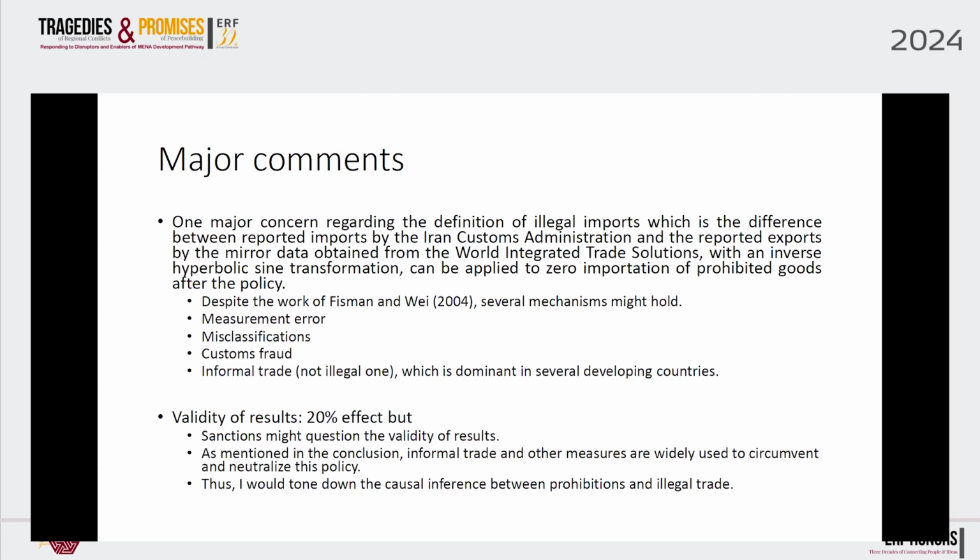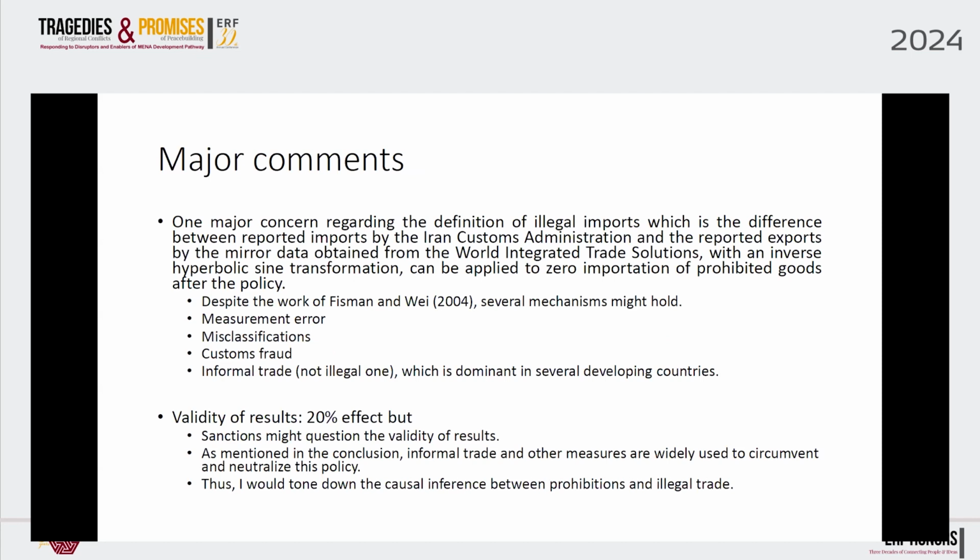So we cannot really claim that all the difference between exports and imports is illegal trade. And as you said also, misclassification, customs fraud, and in addition to all this, not only illegal trade, but also informal trade. And we know that there is a fundamental difference between informal and illegal trade, given the fact that informal trade might also be very dominant in this case.